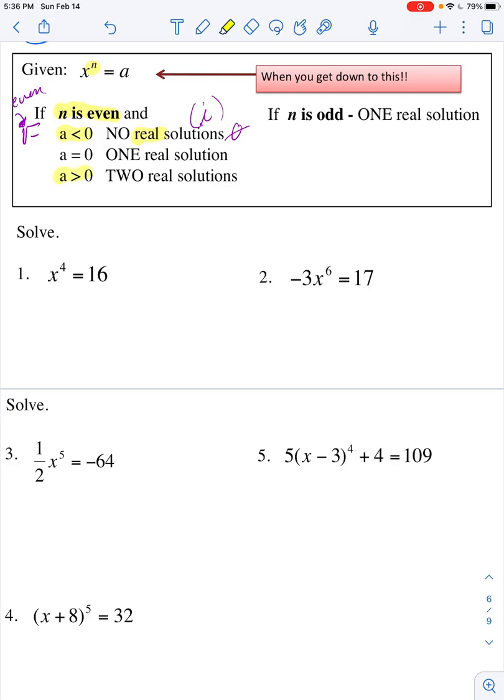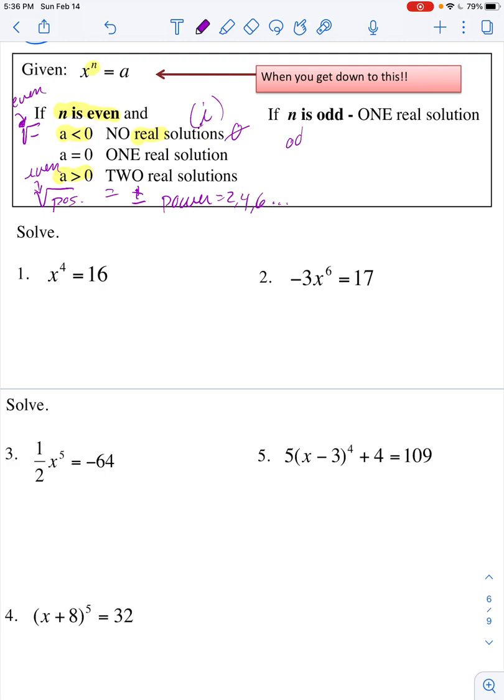But when you have a square root, fourth root, any even root of a positive, meaning an a greater than 1, that's when you want to introduce a plus or minus sign. So that's going to be when your power is squared, fourth, sixth, and so on. Keeping in mind that if n is odd, you're only going to get one answer.